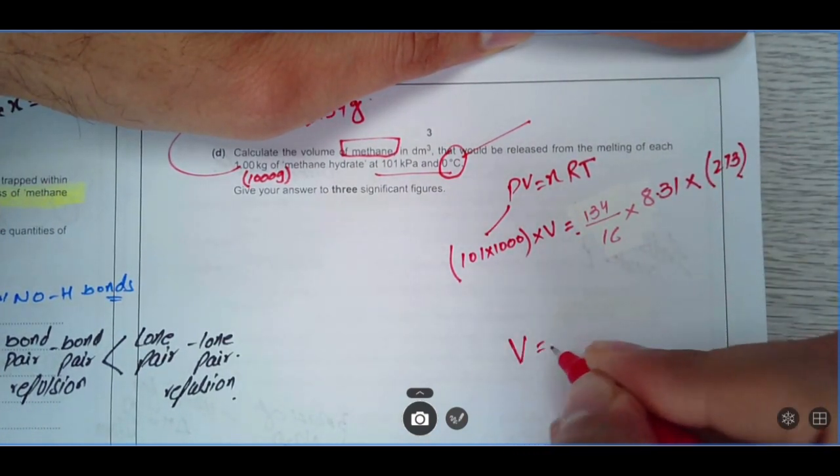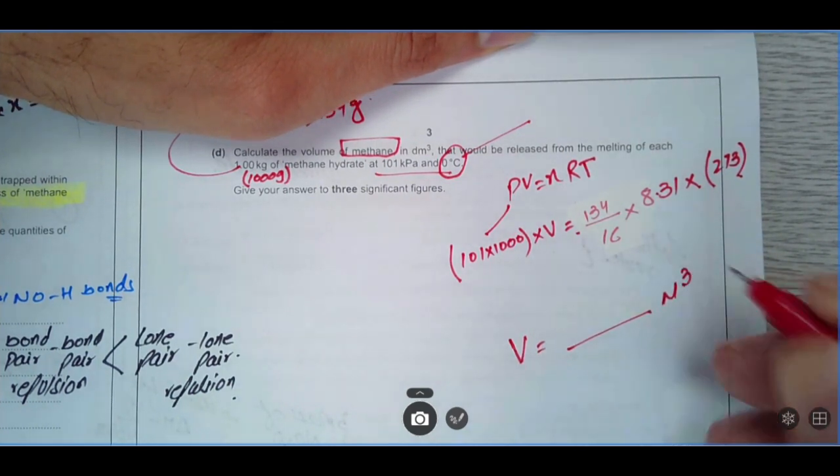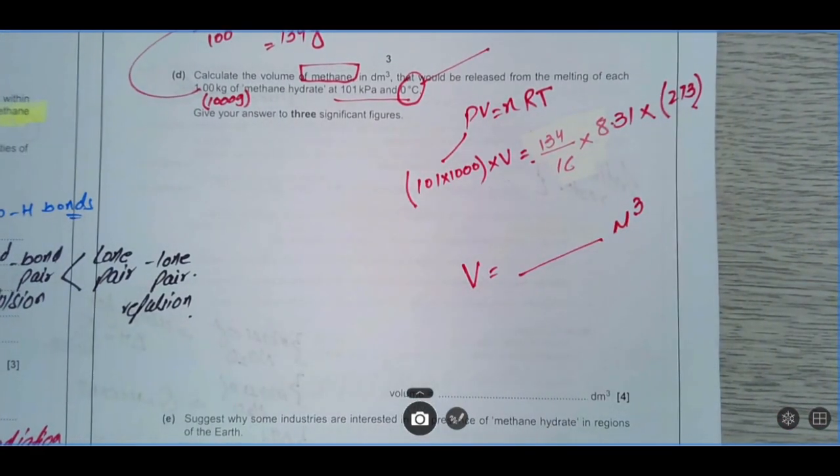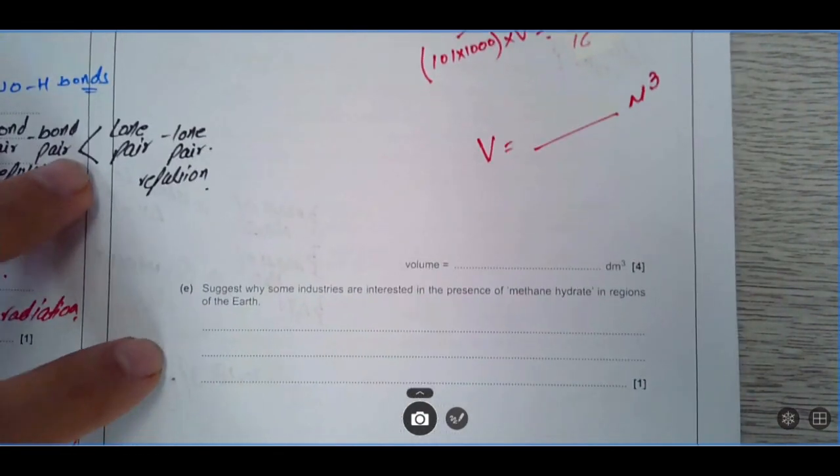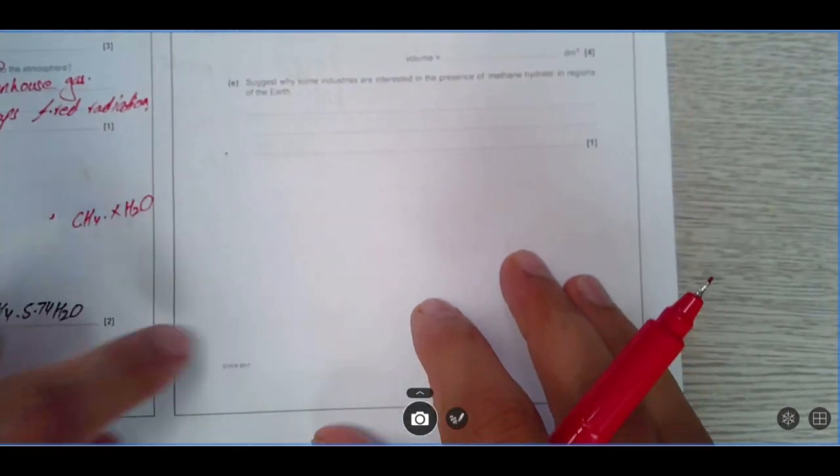From here, you will end up with a volume. This will be in meter cube. How do I convert this into dm³ now? Divided by 1,000? Times, divide, I don't know, right? So let's have a look.